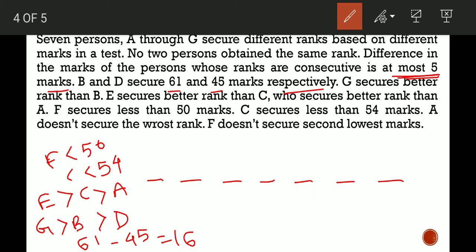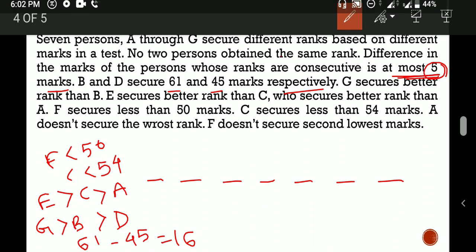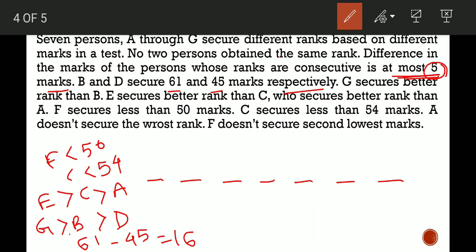Therefore, even if we take all the differences as 5, we still have ranks between B and D. Therefore, G, after that somewhere B is placed, and after 3 persons of B, D is placed. So 1 2 3 4 5 6. We are left with one position, so this could be this one or this one.